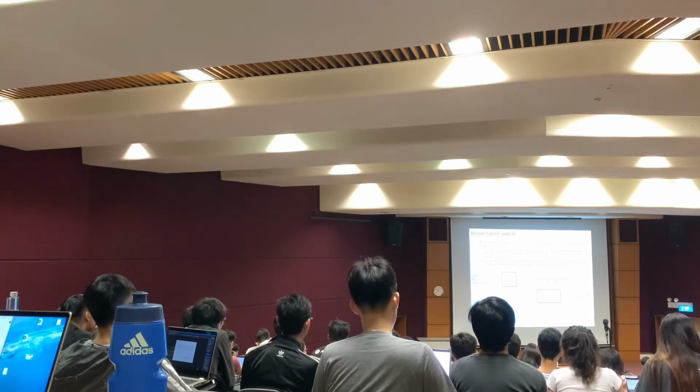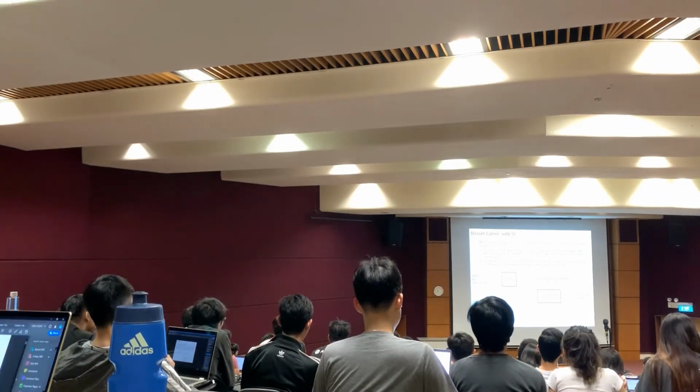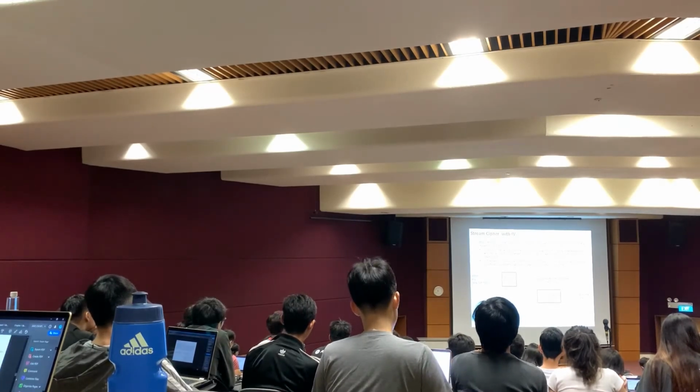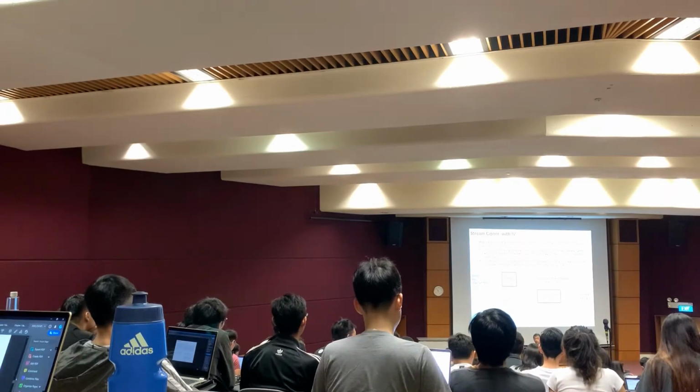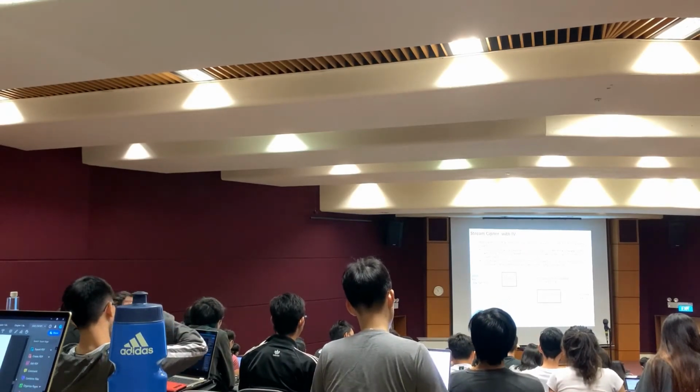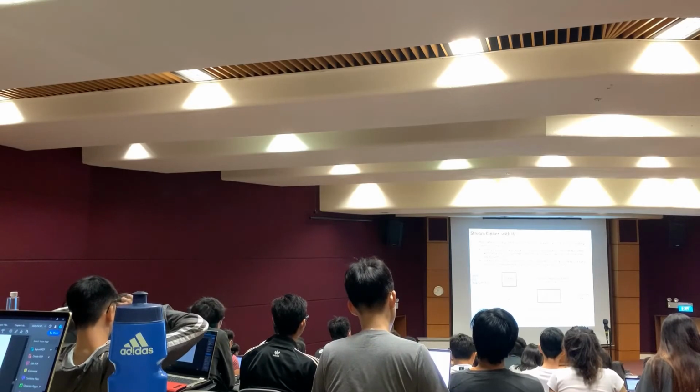The sequence is not generated purely from the secret key, but from the secret key plus the IV. How the IV is chosen we will talk about later. Usually it's just randomly chosen.